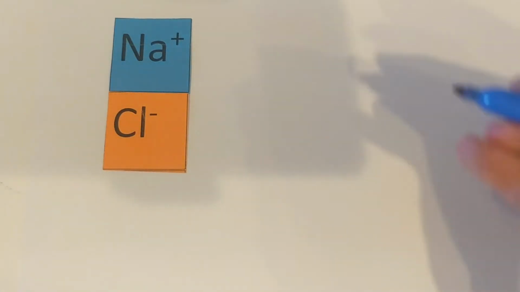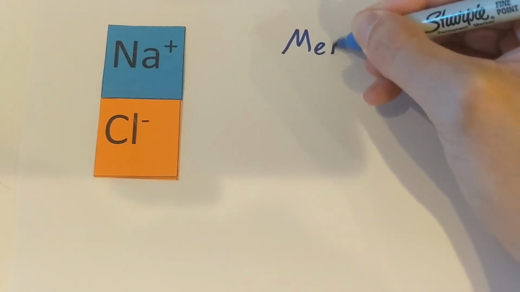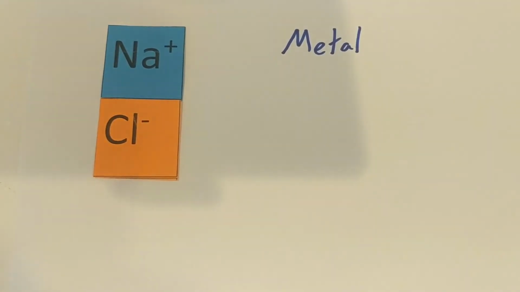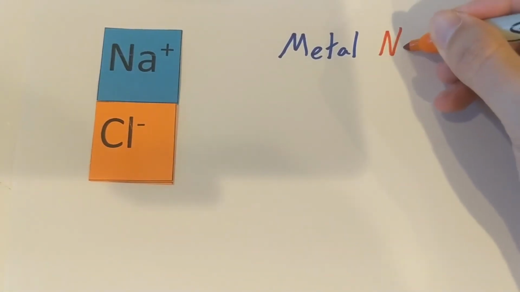All right, so now that we know how to put ions together to form compounds, we need to be able to write out their names. So if I have sodium chloride, the important things to know are that when I'm writing down the chemical formula, I always put down the metal first, and second, I will put my non-metal.